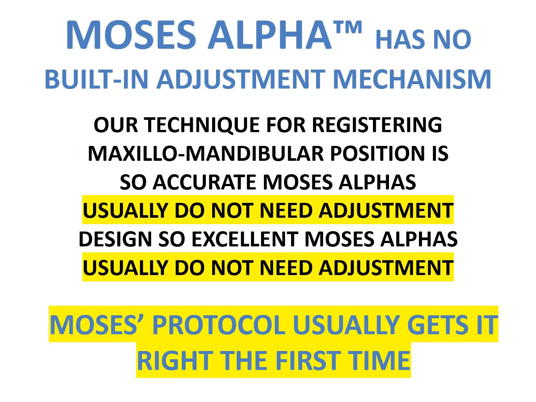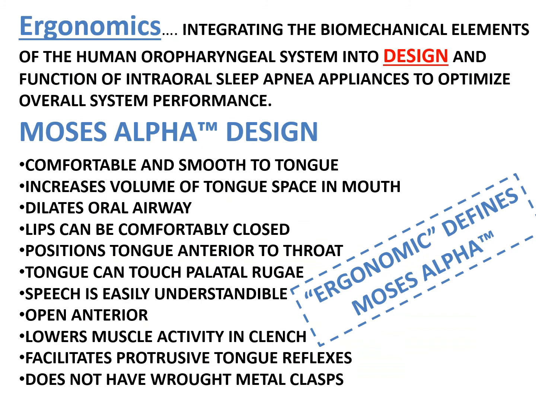Moses Alpha has no built-in adjustment mechanism because our technique for registering maxillomandibular position is so accurate that Moses Alphas usually do not need adjustment. The design is so excellent that Moses Alphas usually do not need adjustment. Moses protocol usually gets it right the first time.